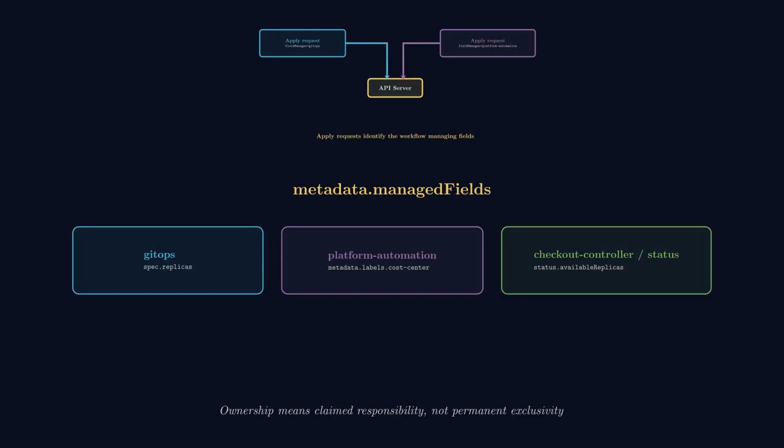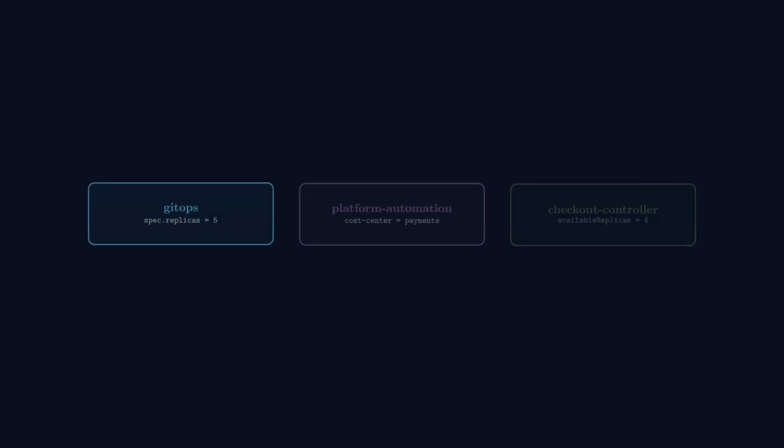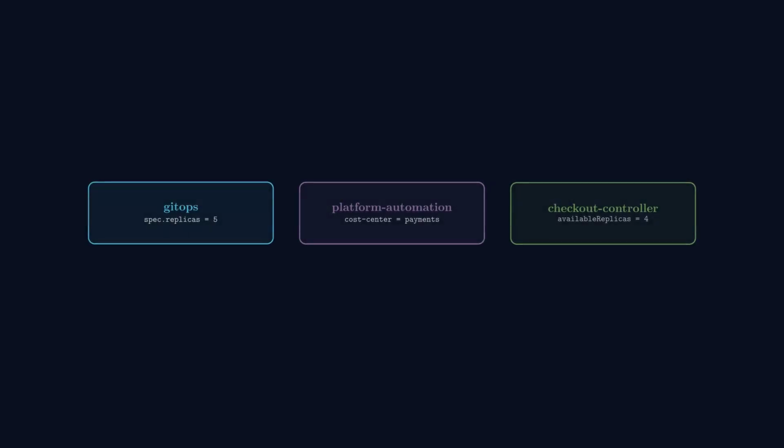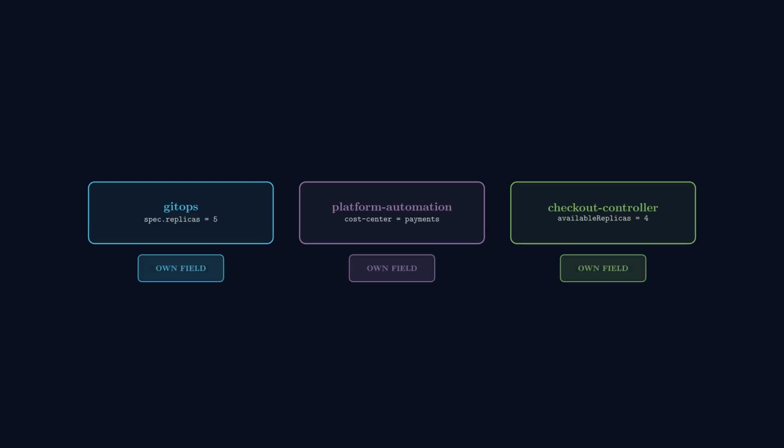This works well when managers are responsible for different fields. GitOps can apply the desired replica count. Platform automation can apply its cost center label, and the controller can report available replicas. The object is shared, but the responsibilities are explicit, so these changes can coexist instead of fighting over the whole object.